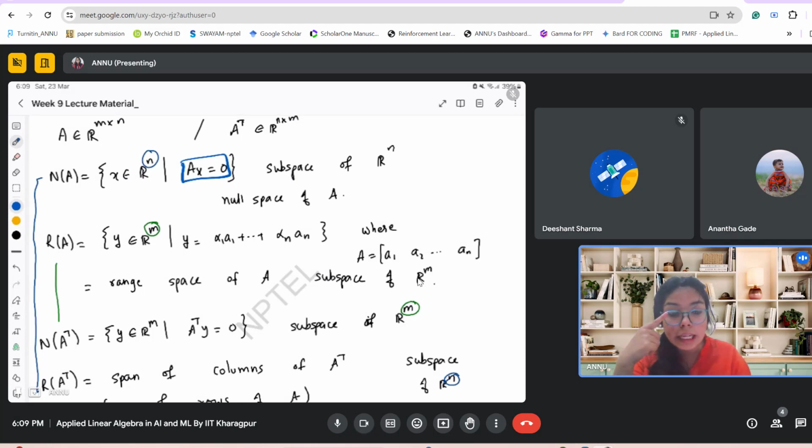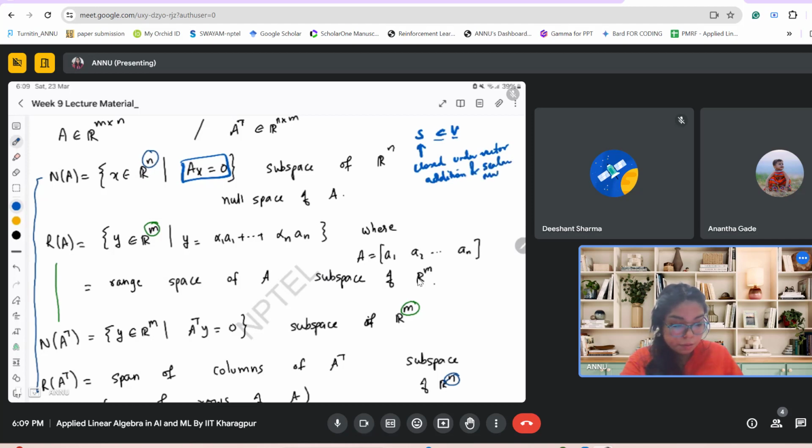So a subspace will be a subset of that vector space, provided it follows closure under vector addition and scalar multiplication. I hope this is clear.